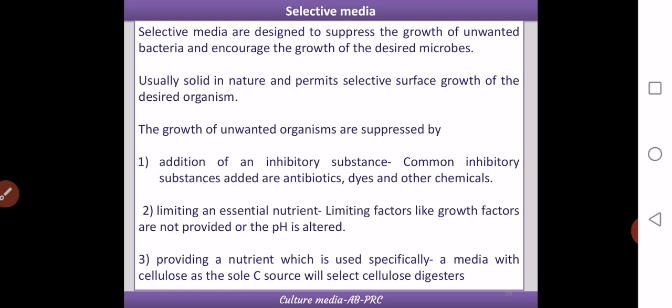For example, you can clearly understand that if you provide cellulose as the source of carbon in the media, then only those bacteria which consume cellulose will survive, or cellulose digesters will be present in that media after incubation. All the other organisms, as they are not able to consume cellulose, will not survive in the medium.